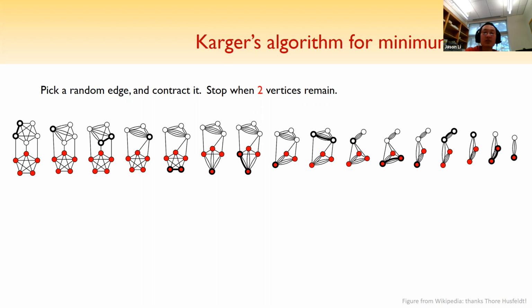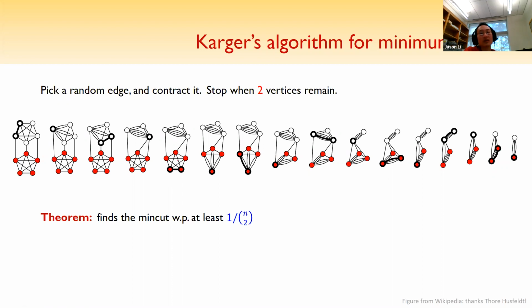Now for each of the 2 vertices, we consider which original vertices end up getting contracted to that vertex. For the red vertex, we can imagine expanding all the edges back to the red component on the left. And we can do the same for the white vertex. And the red and white becomes our min cut that we consider. And in this case, we did succeed in that we compute the min cut of the graph, which is 3.